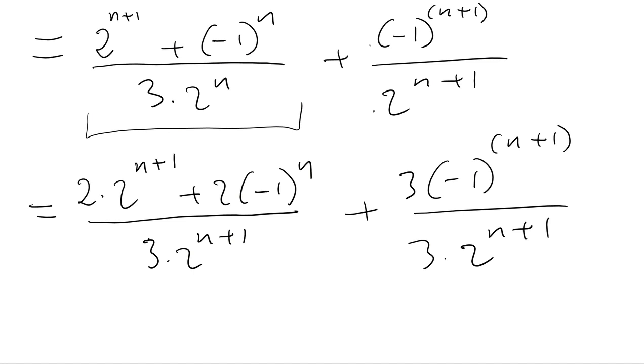The reason I'm doing that is because I want to have the common denominator here, right? Since we have the common denominator, we can just extend it. So this gives us this expression.